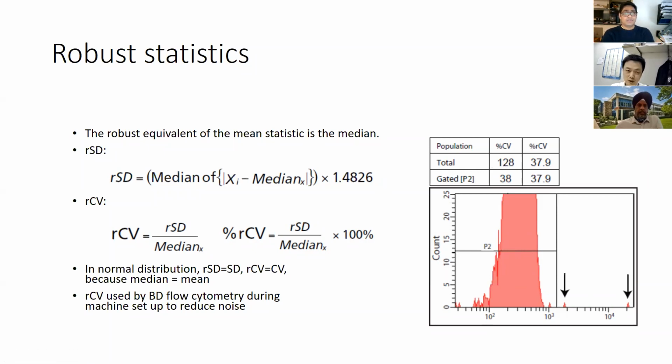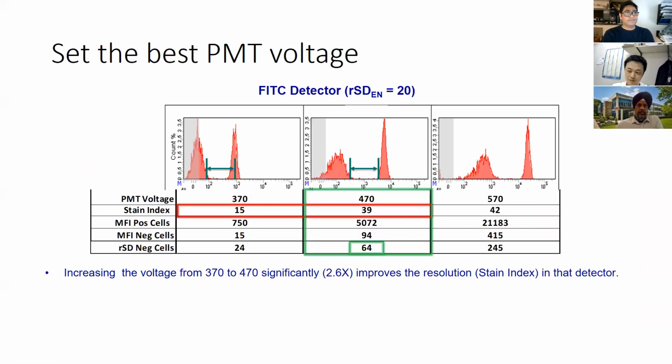So let's go back to the PMT settings. Here is an example, and we want to set the PMT voltage for this detector. We already know the robust standard deviation for the electronic noise is 20. So 20 times 2.5 is 50.